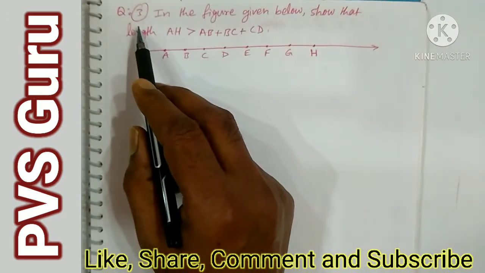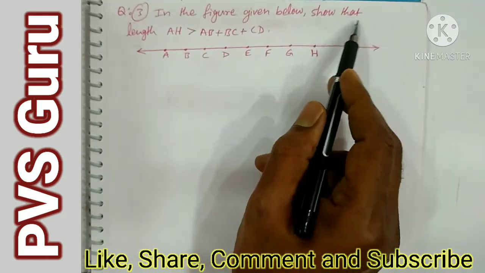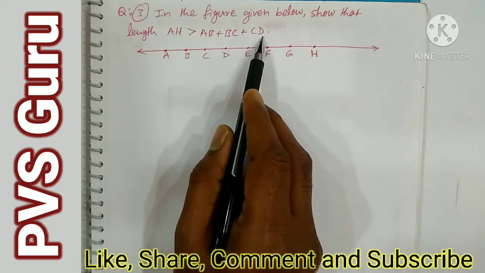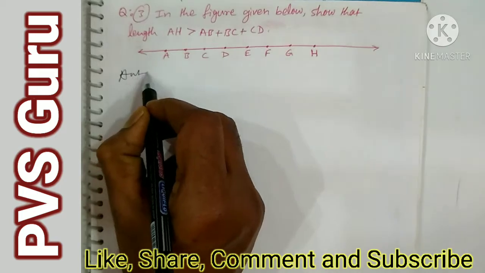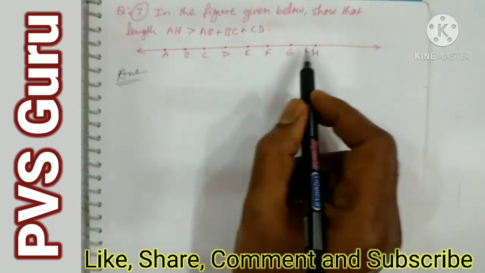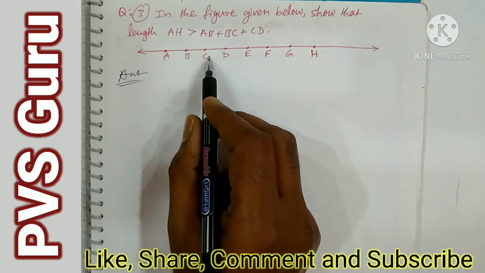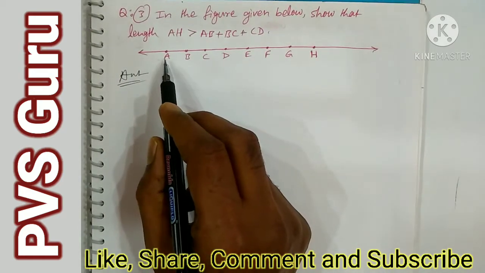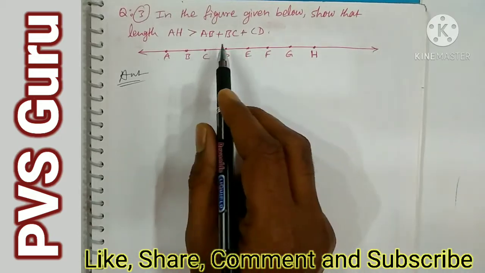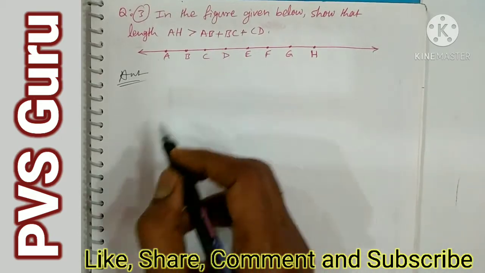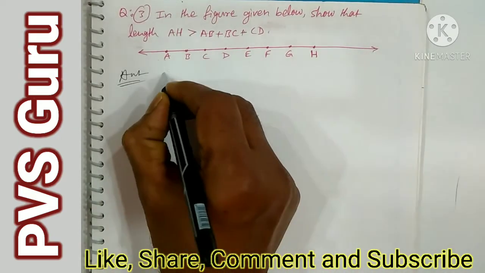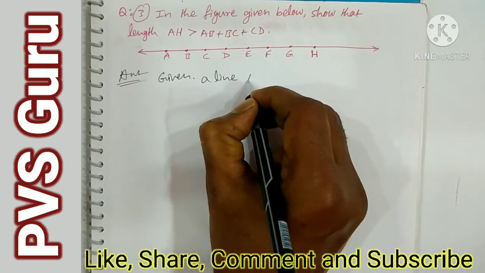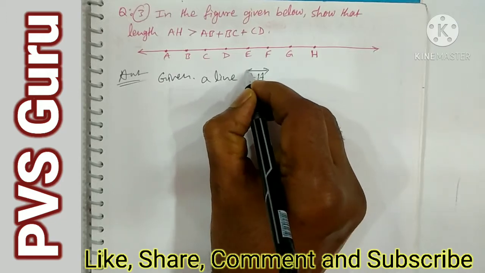Question number 3. In the figure given below, show that length AH is greater than AB plus BC plus CD. Here AH is the whole and AB, BC, CD is a part. So a whole is always greater than the part according to Euclid's axiom. Given a line AH.